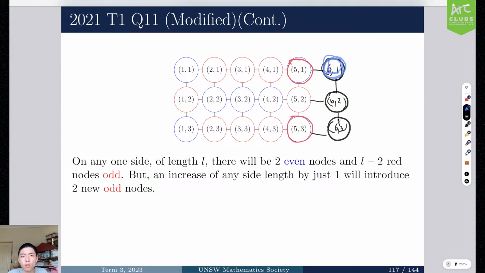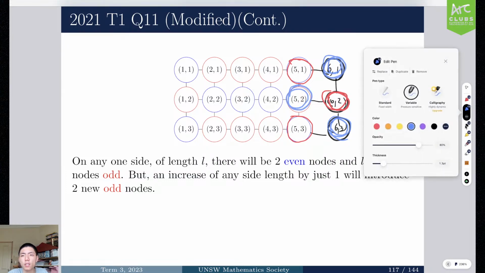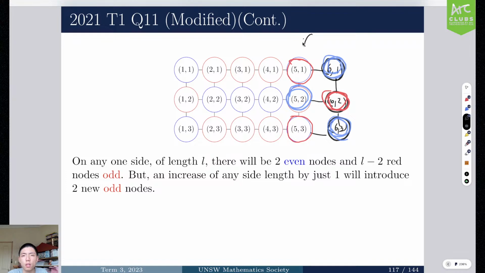This is blue, blue, and red, and this is blue in the middle, right? So we see that we have just spontaneously created this and this into red nodes, right, or odd nodes, and that is not good because we want there to only be 2 nodes. So increasing this is not going to be the answer.